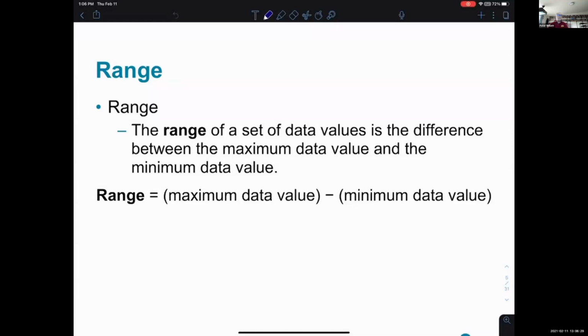So let's say my data values are heights of students at DVC, and I measured that in inches, like 65 inches, 66 inches, things like that. Well, then I'd have some smallest height measurement and some largest height measurement. Let's just make these up and say that 5 feet was the smallest person in my sample. That would be 60 inches.